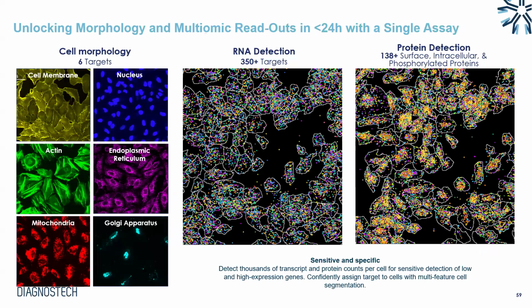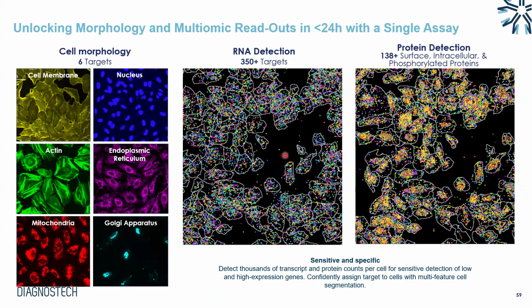So, as I mentioned, you're able to assess cell morphology. They're continuously working on the chemistry, but currently you can use the 6-marker AVITI cell paint, so you can have a look at cell membrane, the nucleus, actin, ER, mitochondria, and Golgi apparatus.